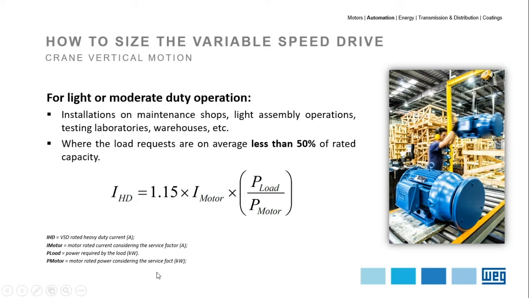In this case, the VSD rated current is equal to 1.15 multiplied by motor rated current considering the service factor, multiplied by power required by the load divided by motor power considering the service factor.